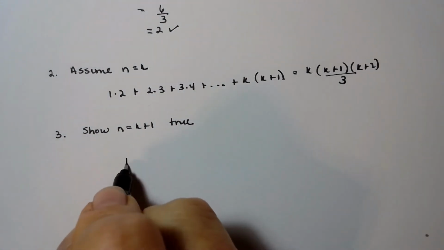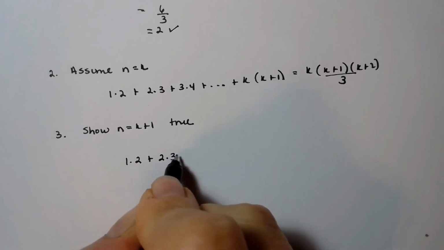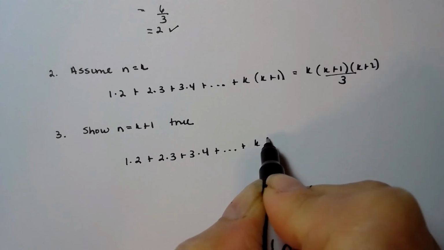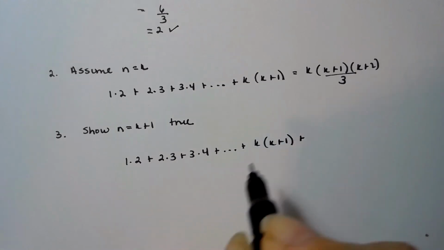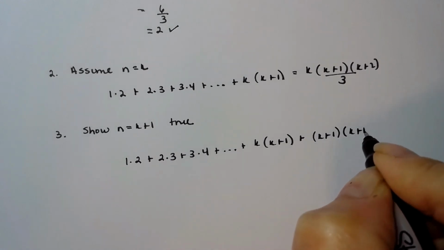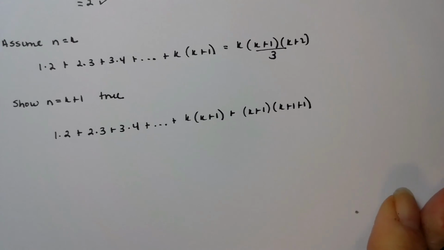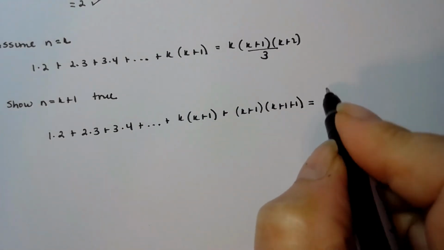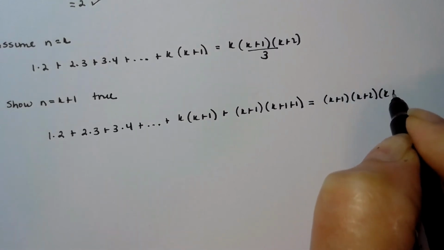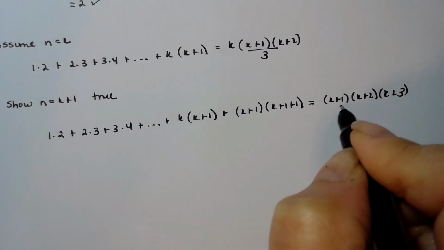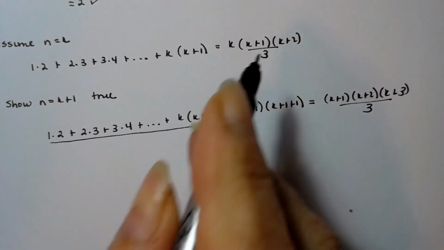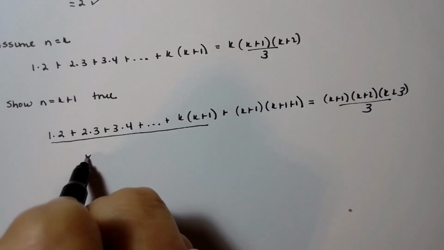So, rewriting it, tedious, plus the k plus 1 term, so that's going to be k plus 1 times k plus 1 plus 1 is equal to k plus 1 times k plus 2 times k plus 3 all over 3. And again, this part here I'm going to replace with the right-hand side.